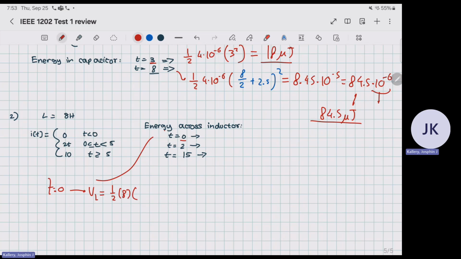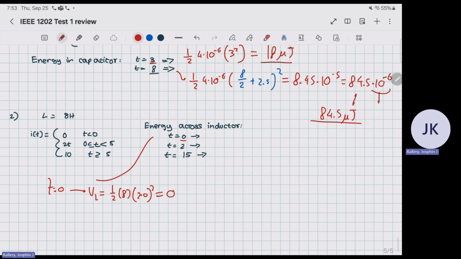And then once again, we have to return to this piecewise function to determine what value we're supposed to use. So for t equals 0, we're supposed to use this middle one because it says t is greater than or equal to 0. So what we return is 2 times our t value. So 2 times 0. And we don't actually have to evaluate this because this is multiplied by 0 over here. So it just comes out to 0.